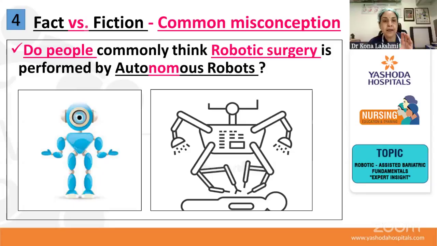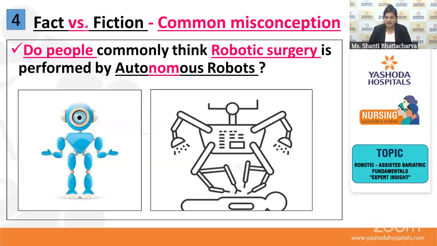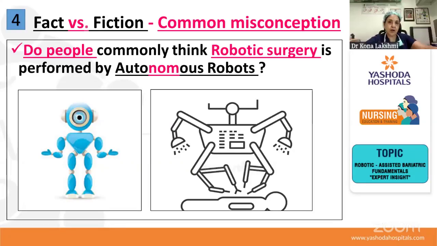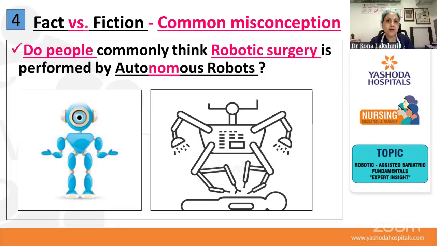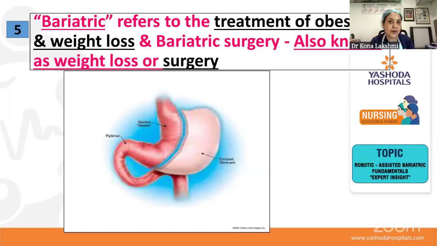If 100 of us stand with our arms stretched out, you will see more than 50% of arms will be trembling like this. There will be a fine tremor. Everyone will not be able to stand with their arms stretched out even for a few minutes. Understand, you have to operate on a patient with your arms stretched out, handling instruments. So there will be a fine tremor.